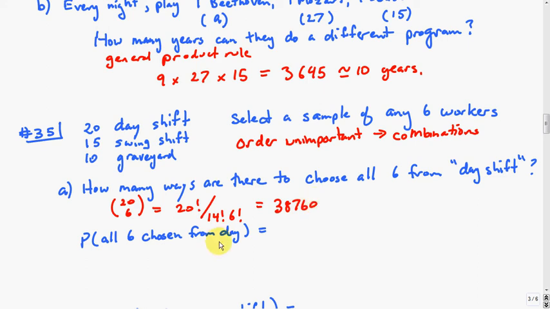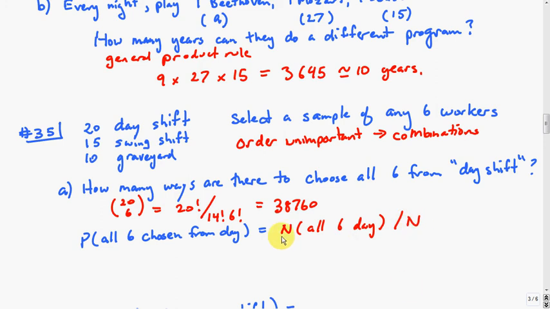The second part of part A asks, what's the probability that all 6 are chosen from the day shift? In order to answer that, we have to figure out how many ways you can choose 6 workers, and that would simply be the total number of workers choose 6. So what we need to find is n of all 6 day over n.